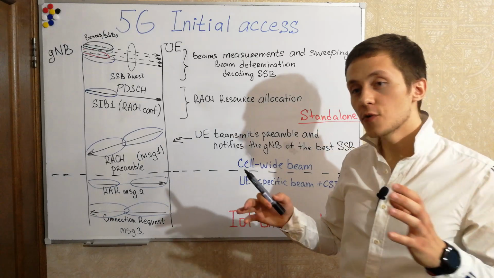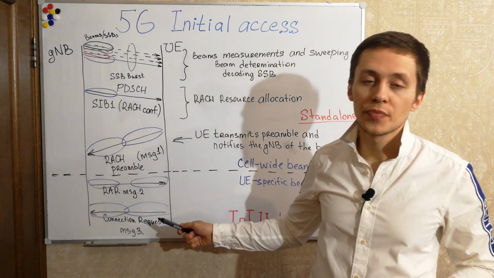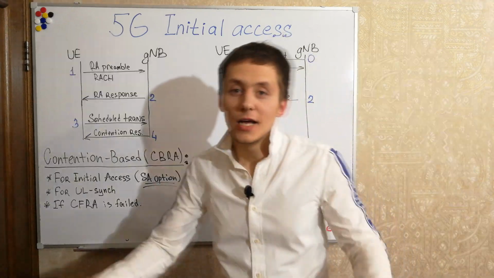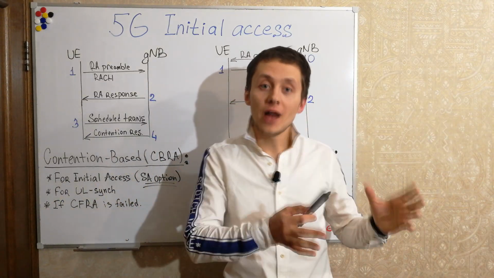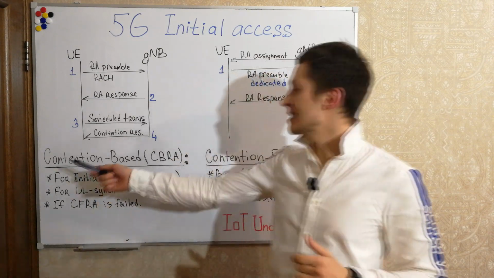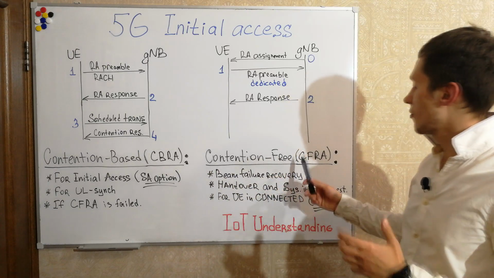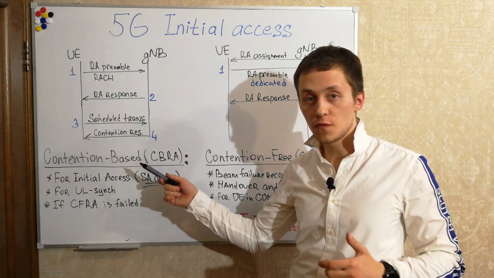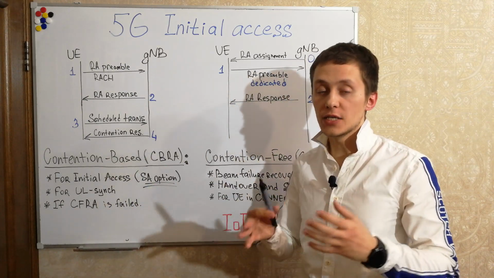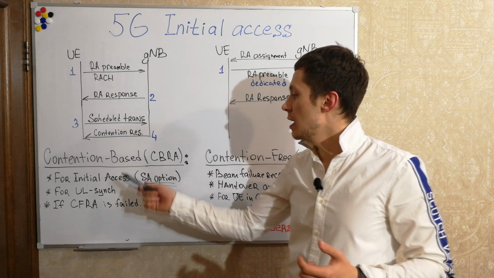Now let's look in more detail at the random access procedure. There are two types of random access procedures: contention-based and contention-free random access. Contention-based is used for initial access in case of standalone option, in case of 5G NR.